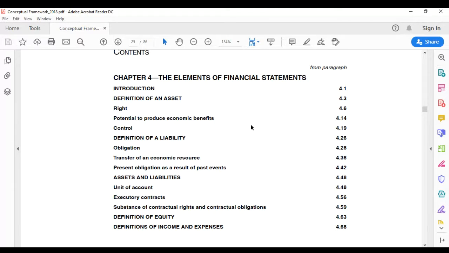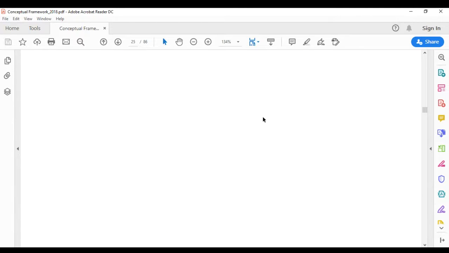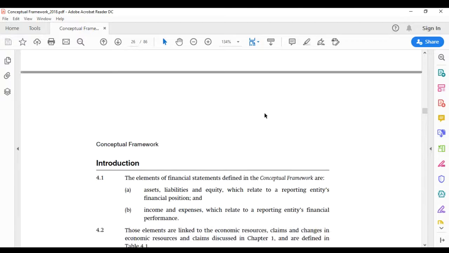What makes an asset, for instance, PPE? That will be a further definition. Or what makes a liability a financial liability? But that we get in the subsequent standards, and it only applies to that particular asset or that particular liability. Okay, this one is for general application.